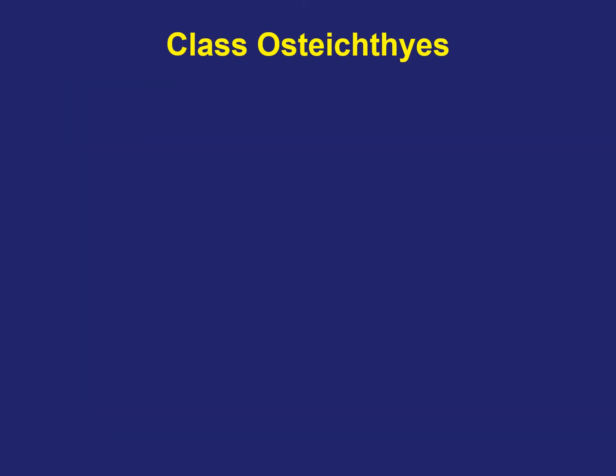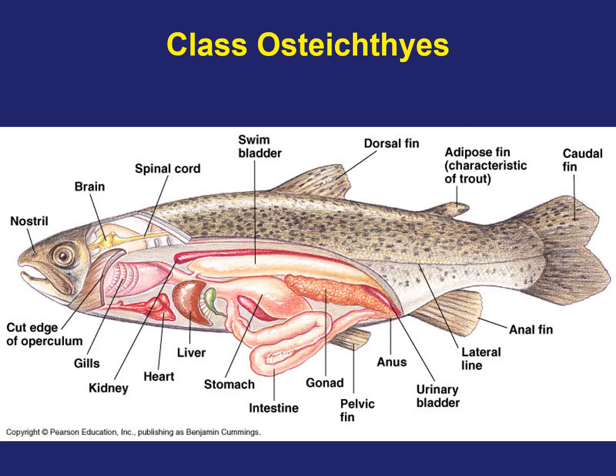So let's take a look at a typical bony fish. This is something that you might find in the supermarket, a trout or a perch or something like that. They have this kind of anatomy to them. You can see that there's a swim bladder there. This is a thin-walled pouch that can fill with gas and allow the fish to rise up or sink within the water column.